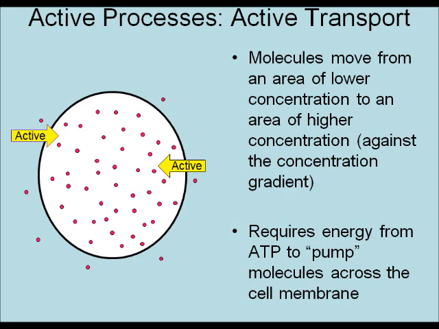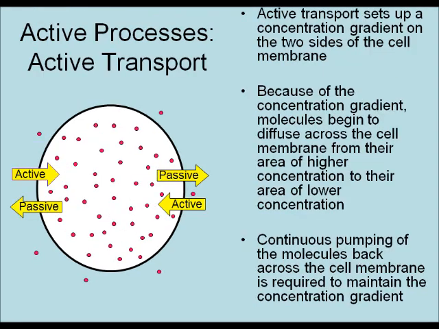Now, if you think about what's going to be happening with active transport, we're expending energy, constantly pumping these substances into the cell, in this case against their concentration gradient, from an area of lower concentration to an area of higher concentration. Active transport is going to set up and maintain this concentration gradient.